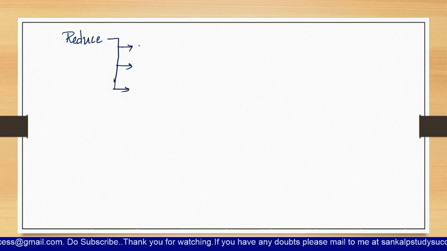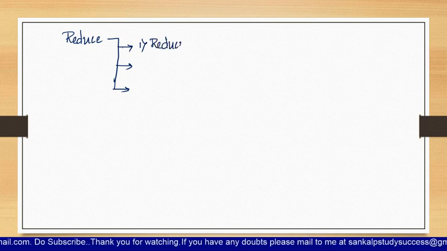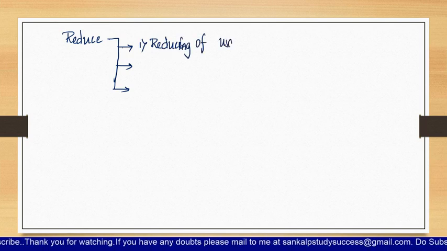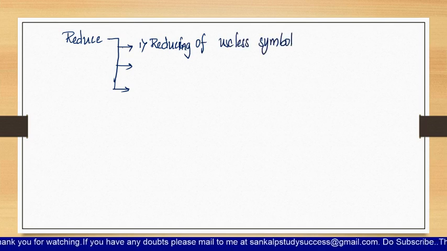The first method is elimination of useless symbols. That means you are going to remove all the useless symbols from the context-free grammar. What do you mean by useless symbols and how do you reduce them?